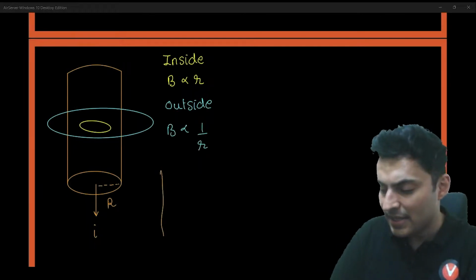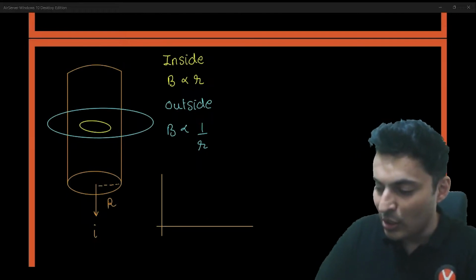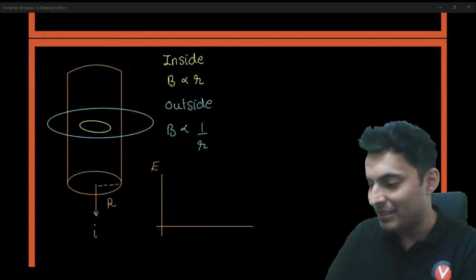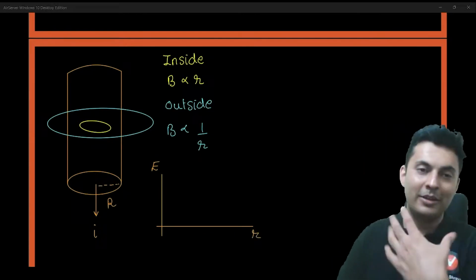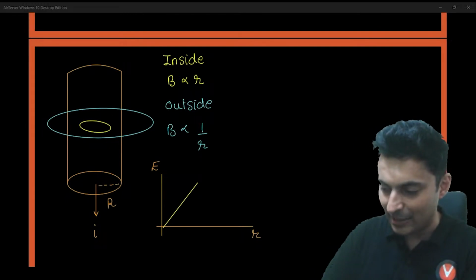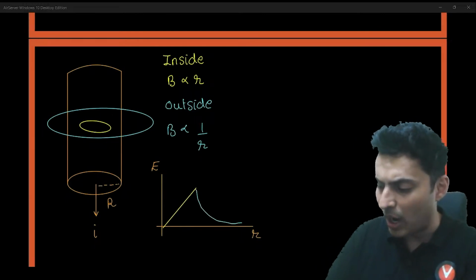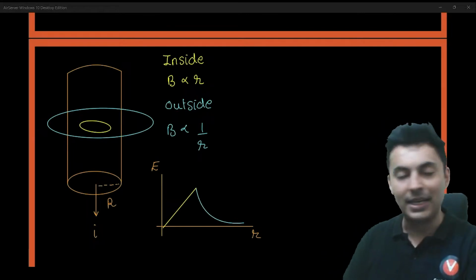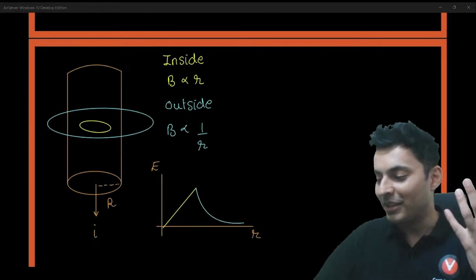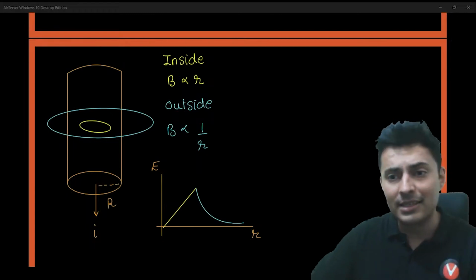So that's the reason why this graph resembles your electric field graph for a solid sphere, basically. So inside it will be proportional to r. That means it will be a straight line. Outside it is inversely proportional to r. That means it will be a curved line, something like this. So this is the graph of the magnetic field of a thick wire inside versus outside.